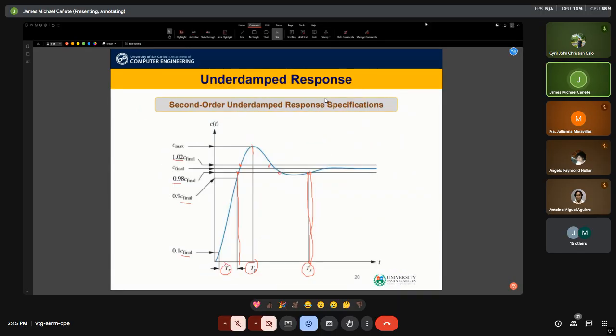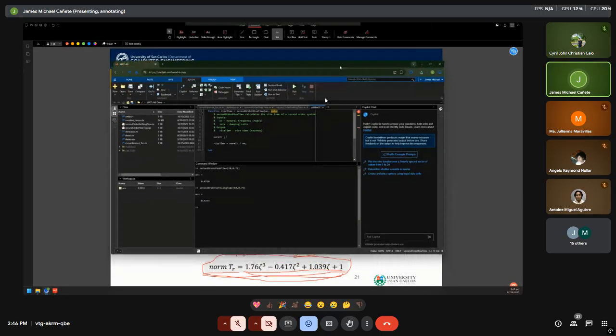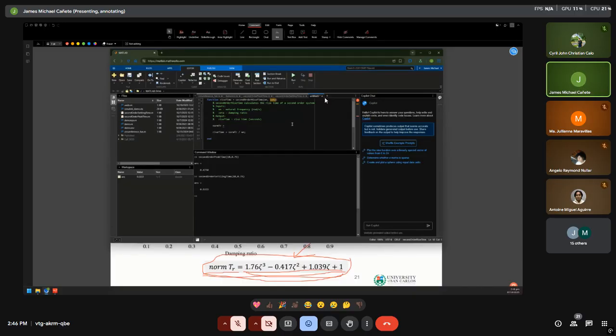Let's use the formula for this one. We need 1.76 times zeta raised to the third power minus 0.417 times zeta second power plus 1.039 times zeta plus 1.